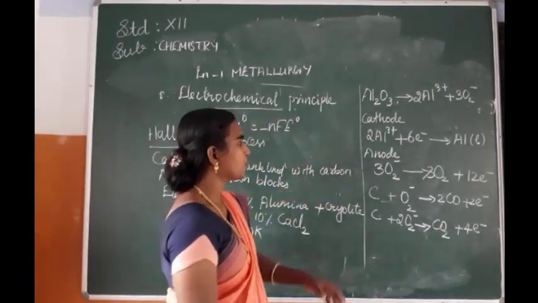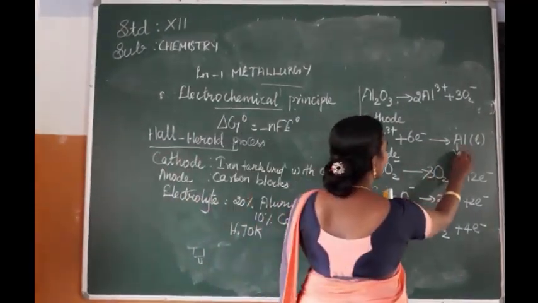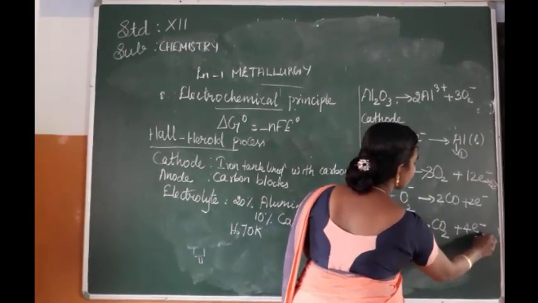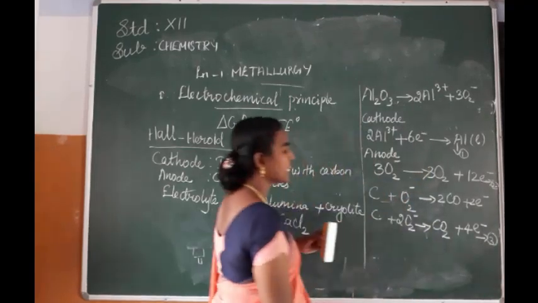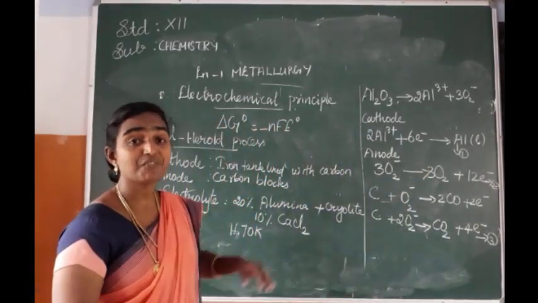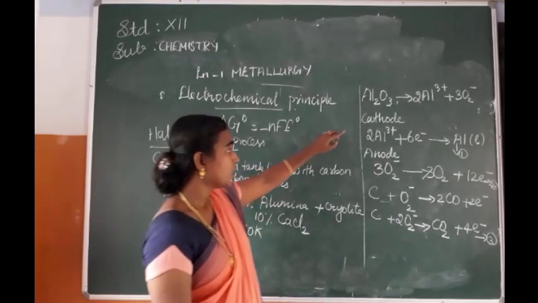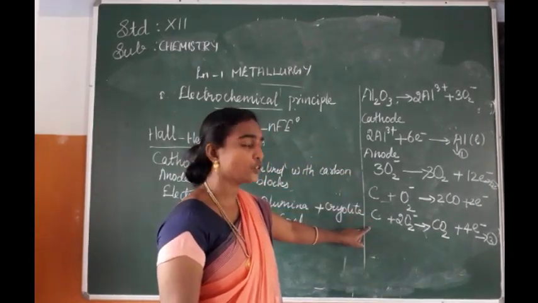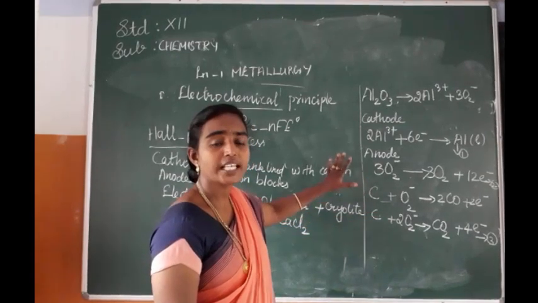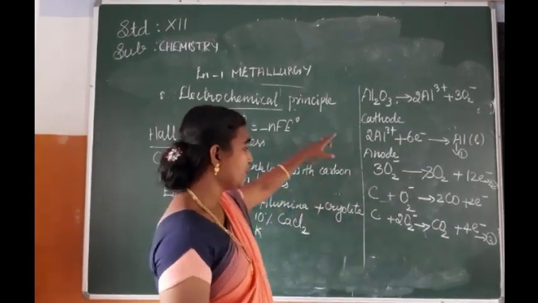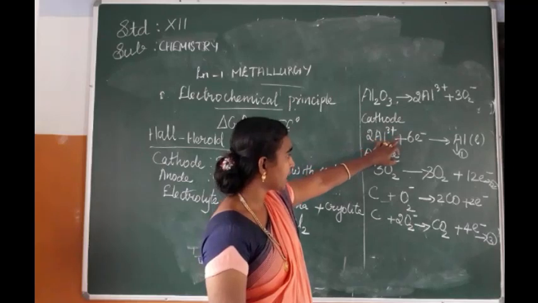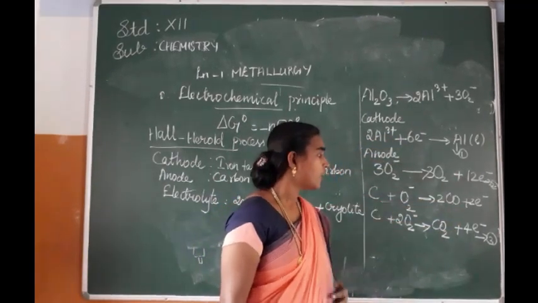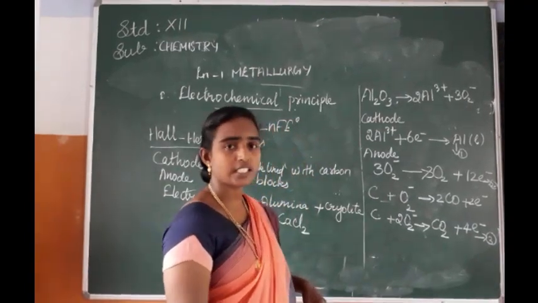So we have this equation 1, equation 2 and equation 3. These three equations we have to combine and write the overall reaction. So this cathode reaction, this anode reaction and this reaction should be combined. But when you combine these, on the left hand side there are 6 electrons and 4 electrons, so the electrons must be cancelled.